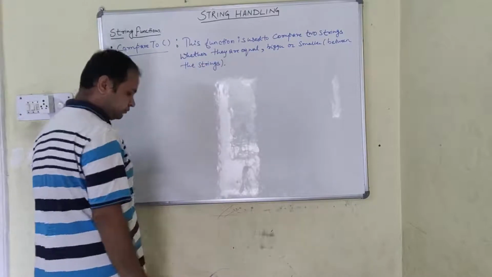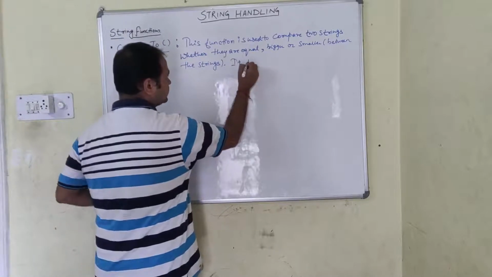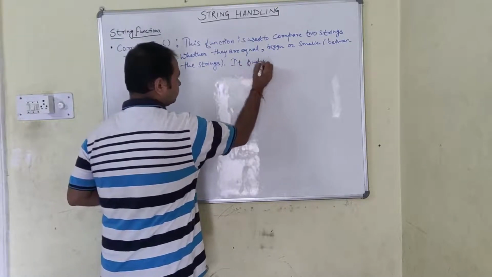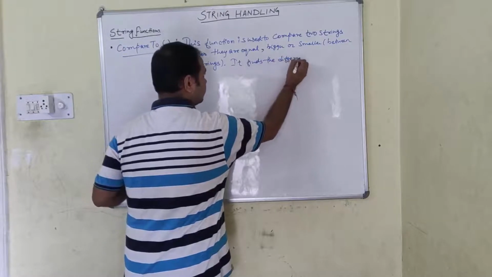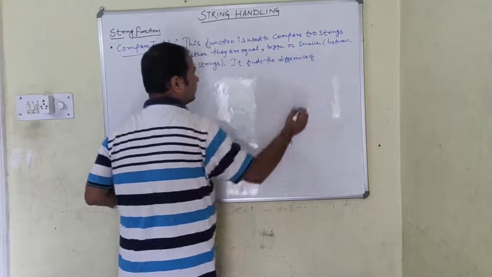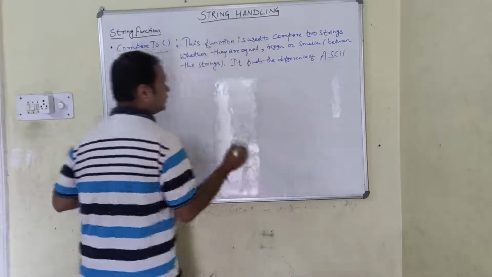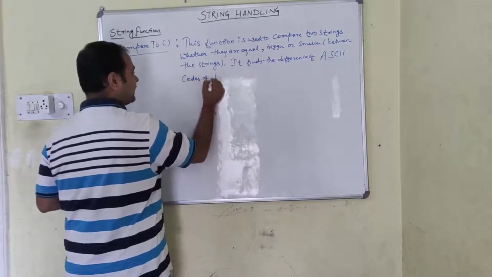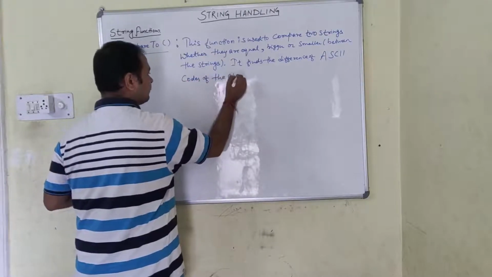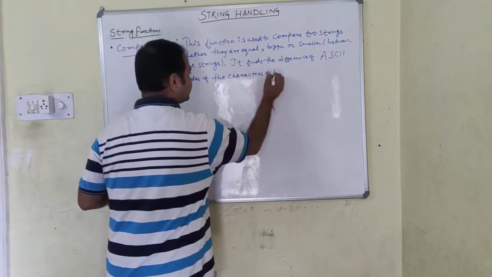It finds the difference of ASCII codes of the characters of both strings.